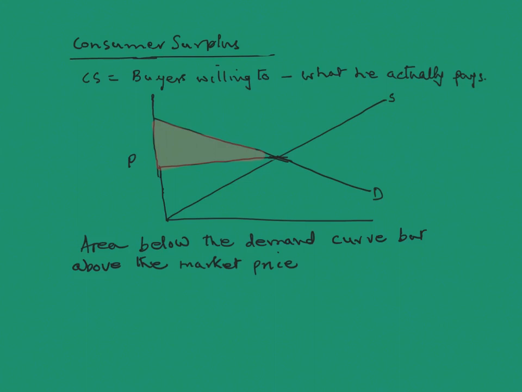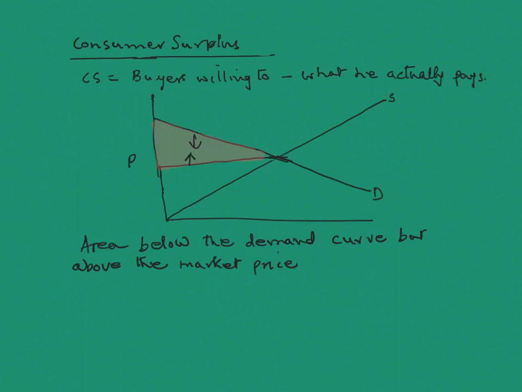The area underneath the demand curve is the total value that consumers get from consumption. The area under the demand curve but above the market price represents consumer surplus.